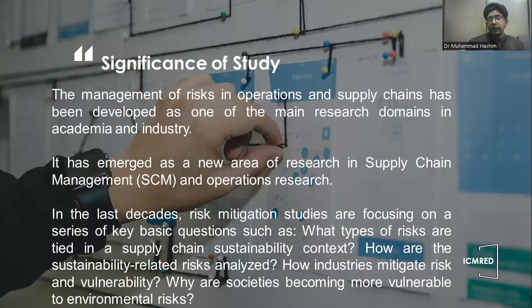In the last decades, risk mitigation strategies have focused on a series of key basic questions such as: what types of risk are tied to supply chain sustainability contexts, how are the sustainability related risks analyzed, how do industries mitigate risk and vulnerability, and why are societies becoming more vulnerable to environmental risk?